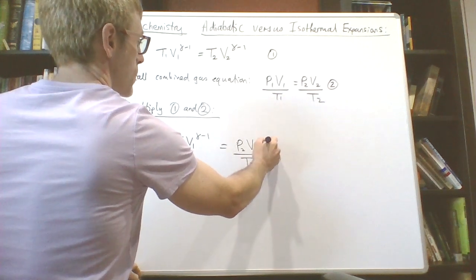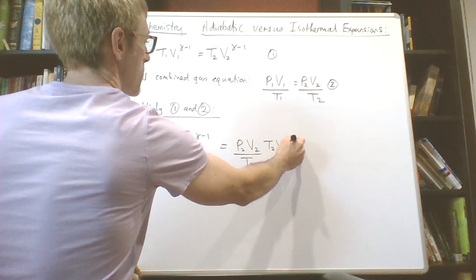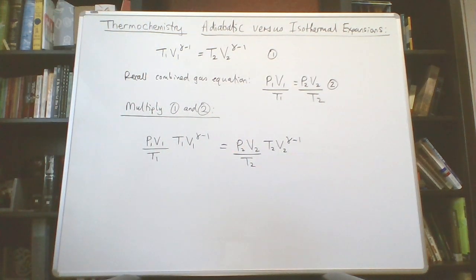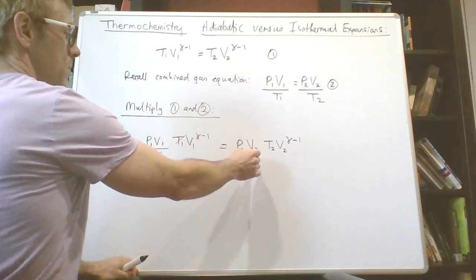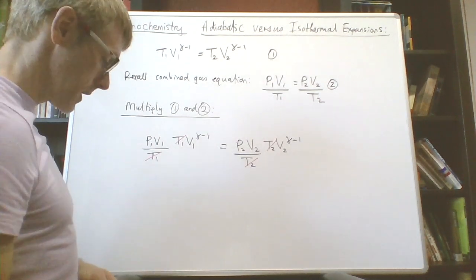And then from equation 1, we have T2 V2 to the gamma minus 1. We can cancel the T's immediately. T1 and T2 are both numerator and denominator, so they can cancel.